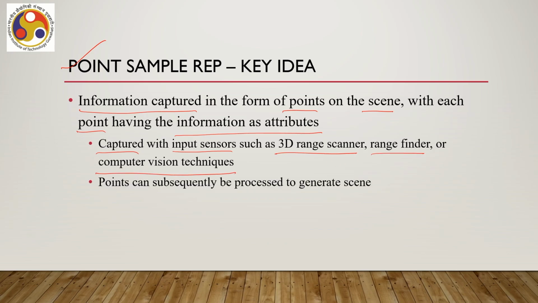So, essentially what we do here is to first capture the scene from the real world by some input sensors. The capturing essentially takes place in the form of capturing of information related to points on the scene, and those points are subsequently mapped to the pixels. So, these points can subsequently be processed or mapped to the pixels to generate the scene.